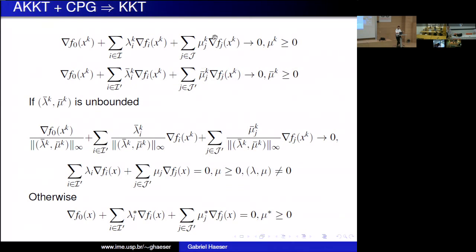It's a positive combination of the gradients using sets I and J. So I'm able to write this same vector using other scalars and other indexes, such that I prime J prime is a basis for the cone at the point X. Since CPG holds, this cone contains this one, so I can write this vector using this combination of vectors with other indexes and other scalars.